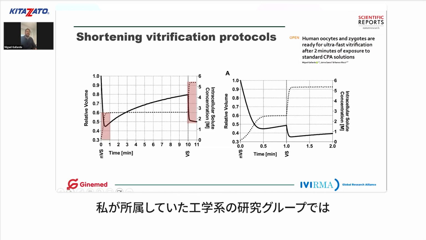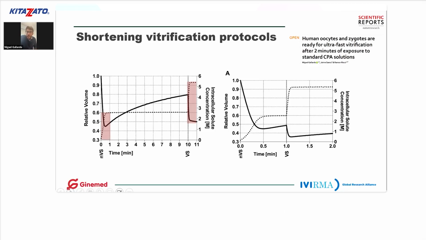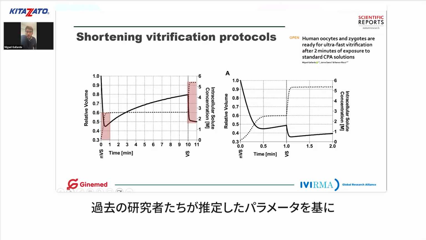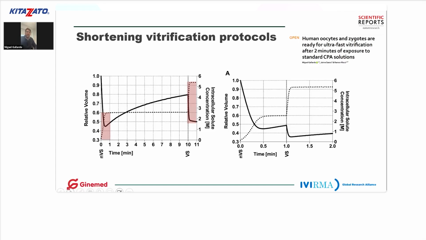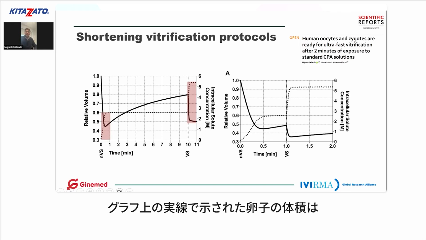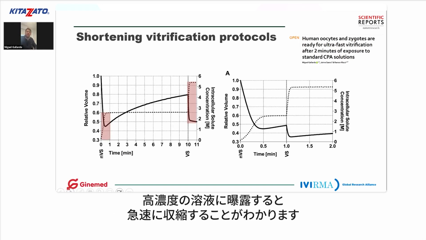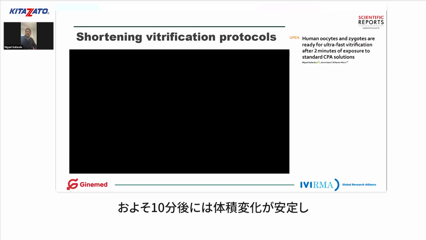So it is this set of tools that the group I was part of in the civil engineering school used; we built a model based on the parameters that have been previously estimated by other authors. And it shows that the oocyte, in the solid line, is going to shrink very fast when we expose it to equilibration solution. And after 10 minutes, it's going to do the same.